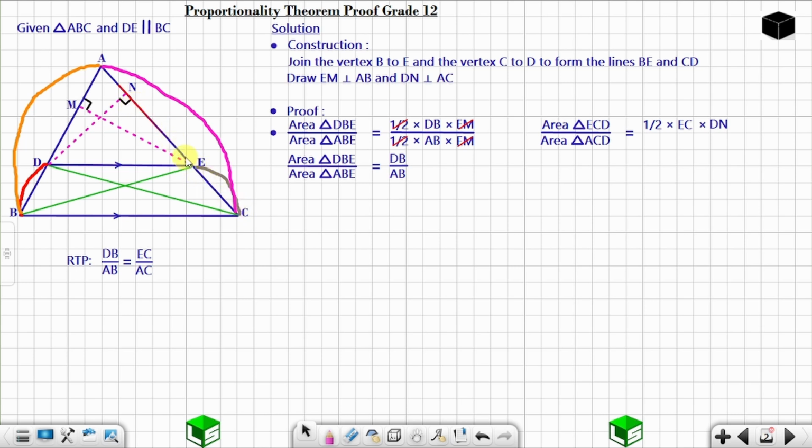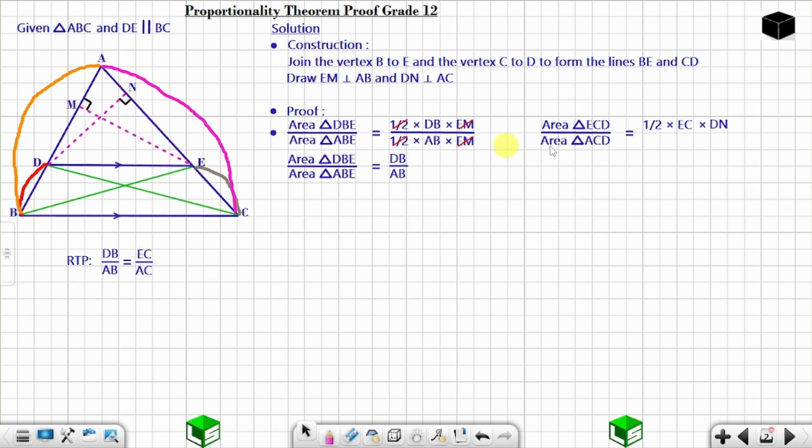If you extend EC like this, you are going to have DN perpendicular to EC. So this is the height and this is the base for this triangle. The base is always perpendicular to the height.